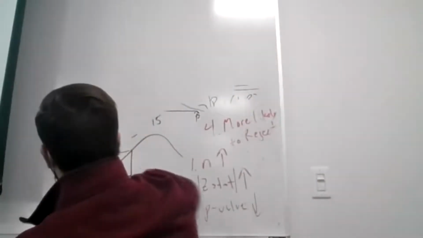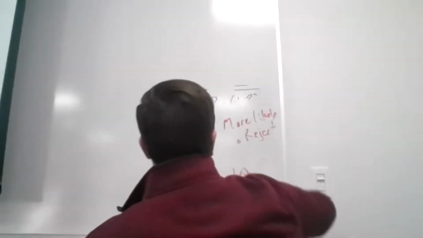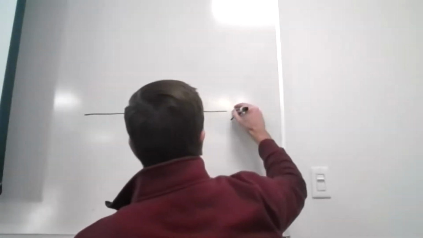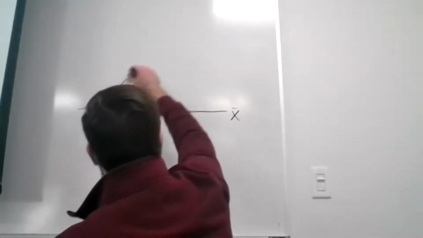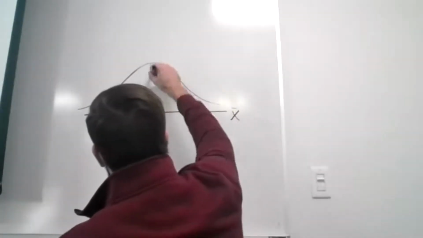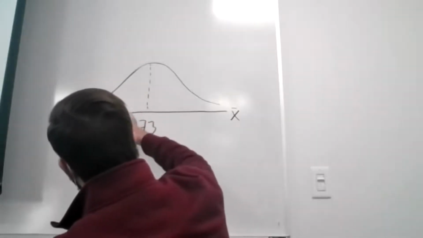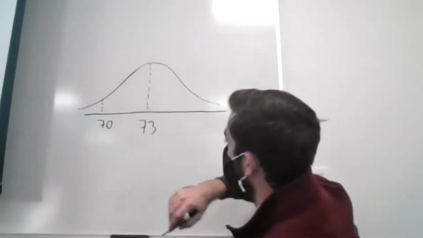One thing we have to pay attention to is we're only given a sample standard deviation here. So we're thinking about the distribution of our sample means. We assumed it was equal to 73. We found a sample mean of 70.